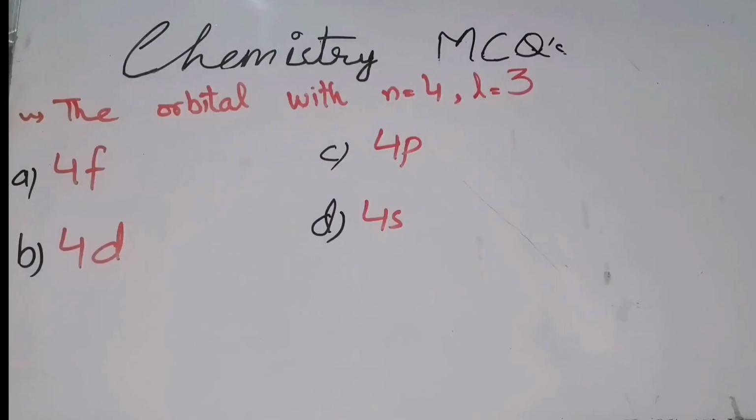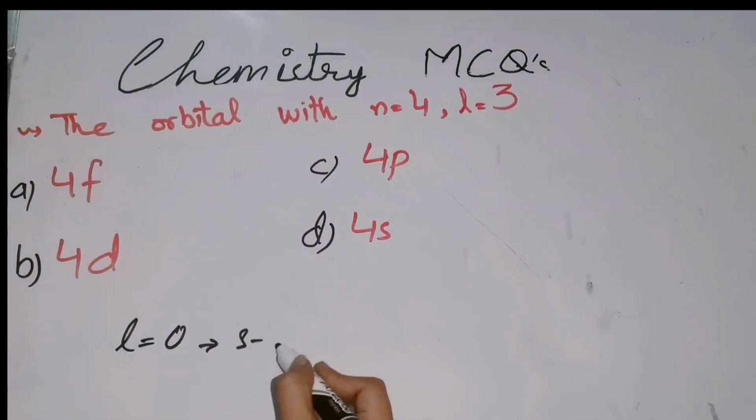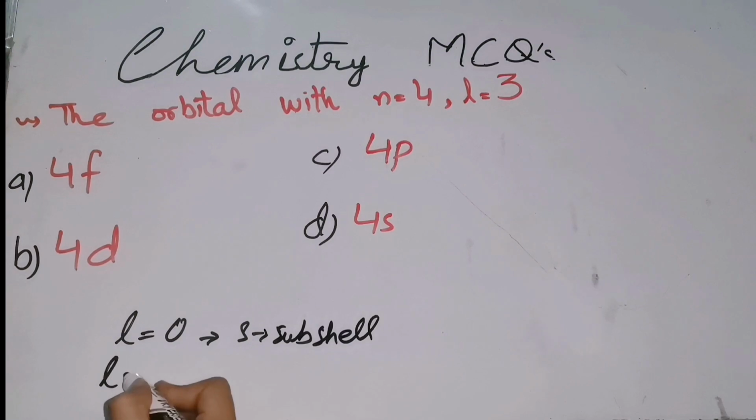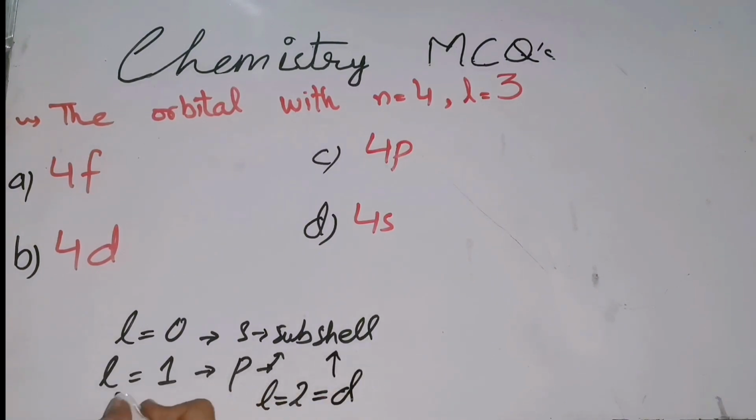Now the next MCQ is the orbital with n is equal to 4 and L is equal to 3. We know that L is equal to 0 for S subshell, L is equal to 1 for P subshell, L is equal to 2 for D subshell, and L is equal to 3 for F subshell.